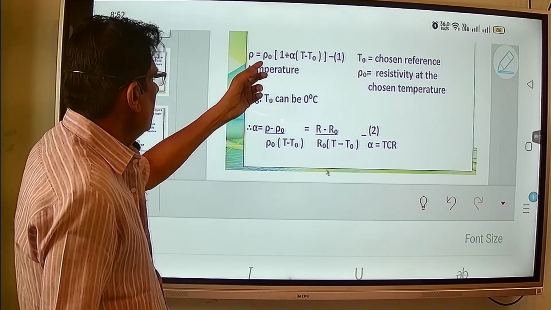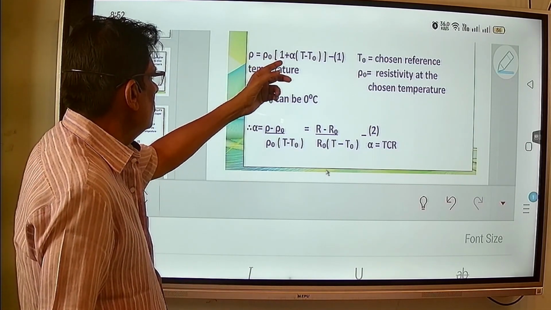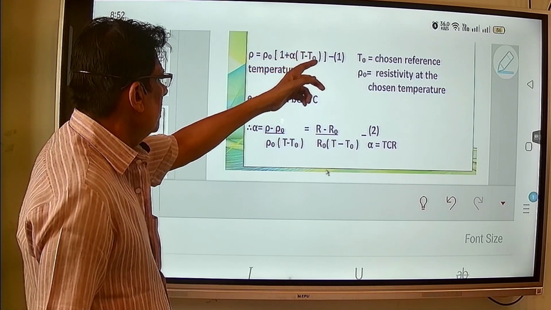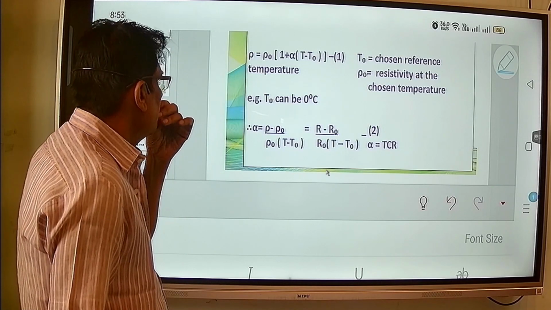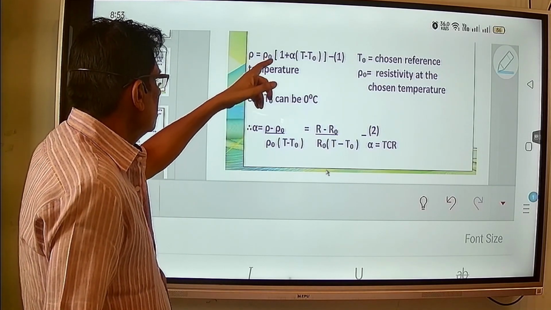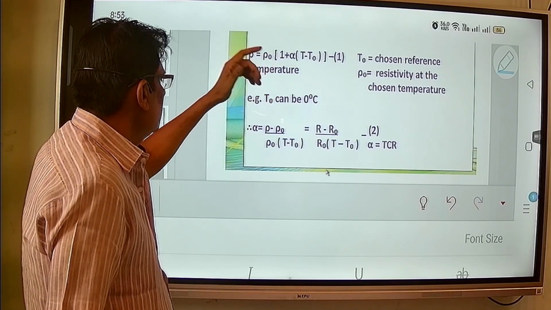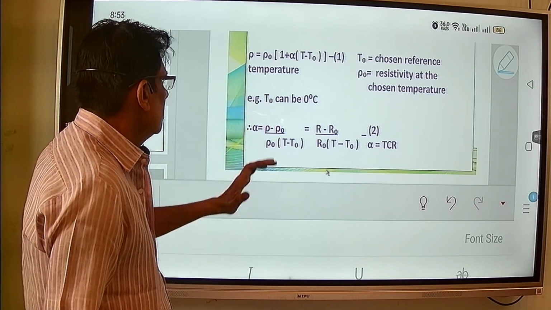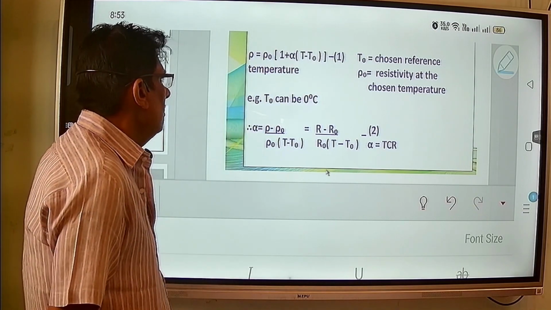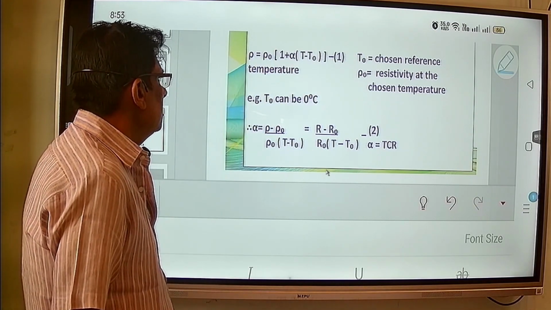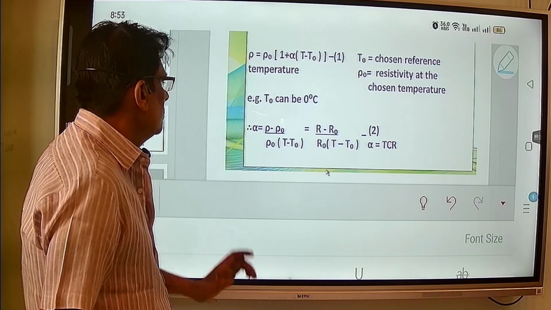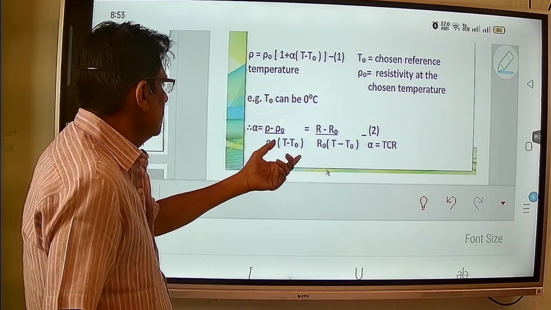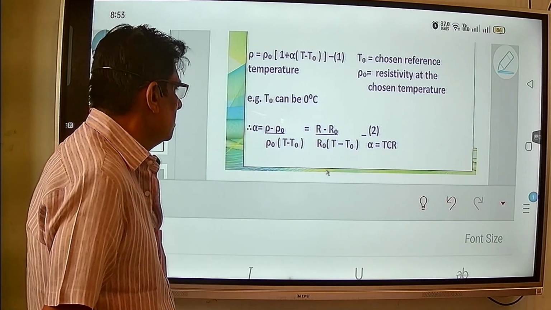It is very simple now. You see that rho 0 into 1 is rho 0, and rho 0 into alpha, rho 0 bracket term, (T minus T0). Now this rho 0 term multiplied by 1 will come to the left hand side with a minus, so rho minus rho 0. The remainder is alpha into (T minus T0), rho 0, and that rho 0 and (T minus T0) bracket comes under this.